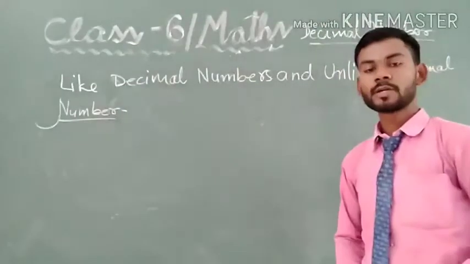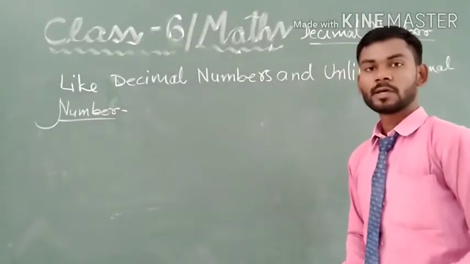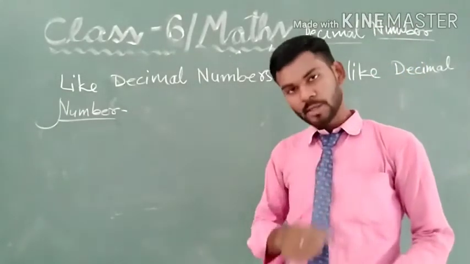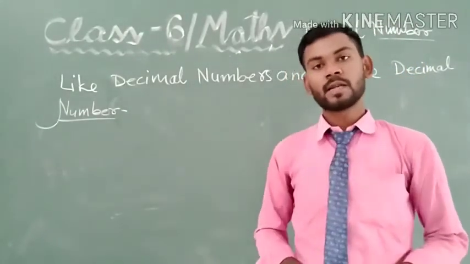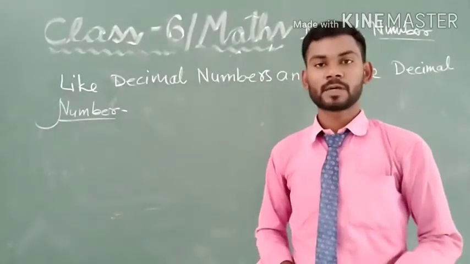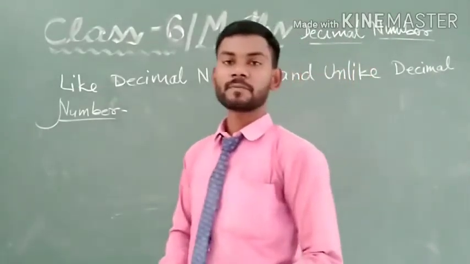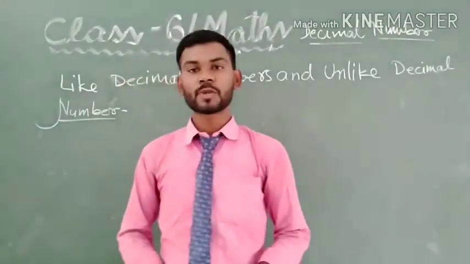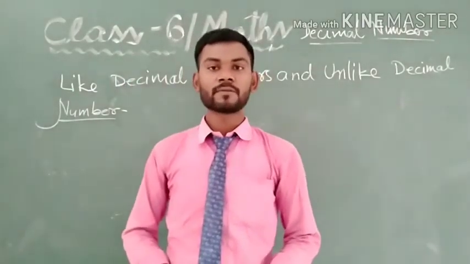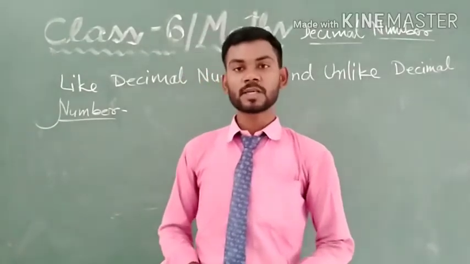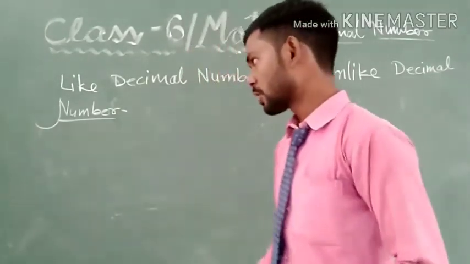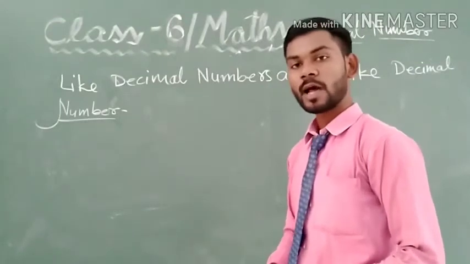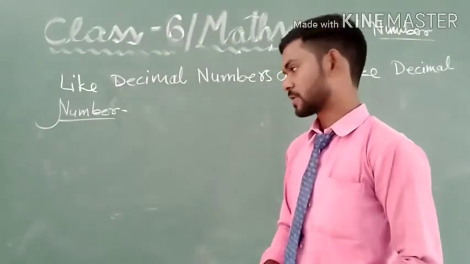Like decimal number and unlike decimal number. As we have studied in the chapter of fraction, where we defined like fraction and unlike fraction, whenever we study the like fraction, we say that the fractions having the same denominator are known as like fractions. Here the concept is the same on the decimal number. Here we know that the decimal numbers are actually decimal fractions.